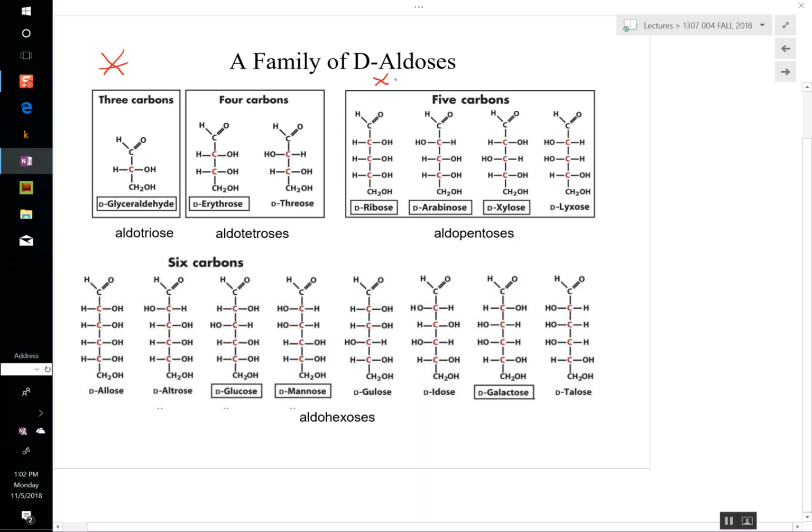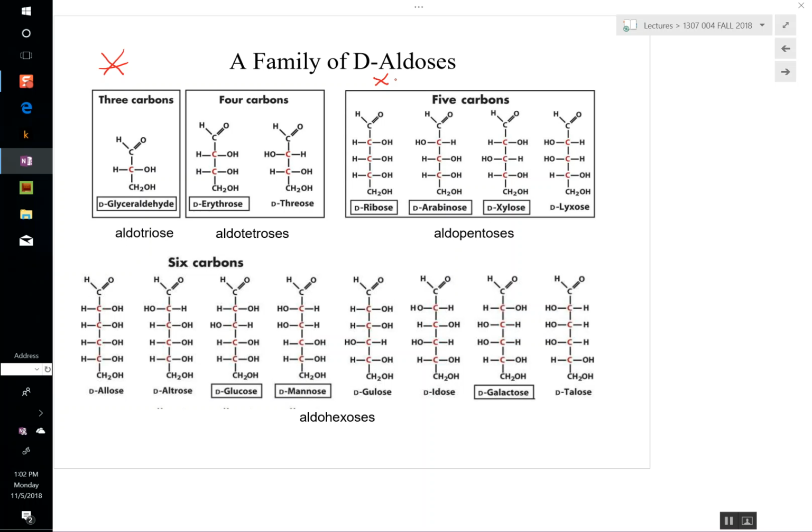What's so important about ribose? It's in DNA? You're close. It's not in DNA. It's in RNA. That's what the R stands for. Ribonucleic acids. So the R in RNA is named after this monosaccharide.